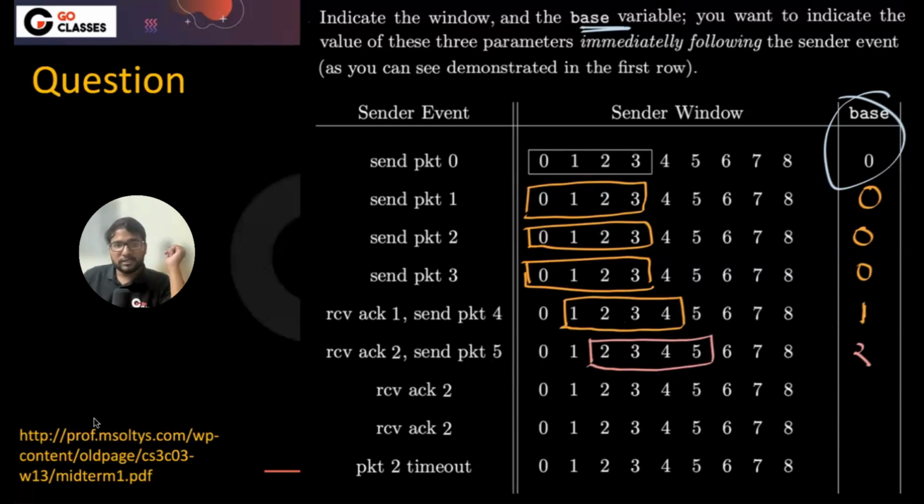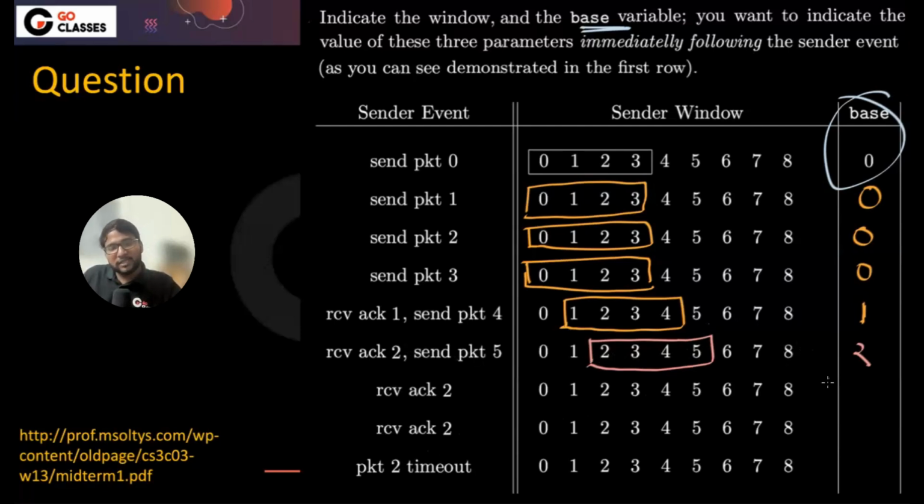That's interesting. See here what is happening. Let's suppose that this particular packet number 2 is timeout, which means packet 2 has been lost, and then at the receiver I'm getting 3, 4, 5. The way they have implemented is a little interesting.